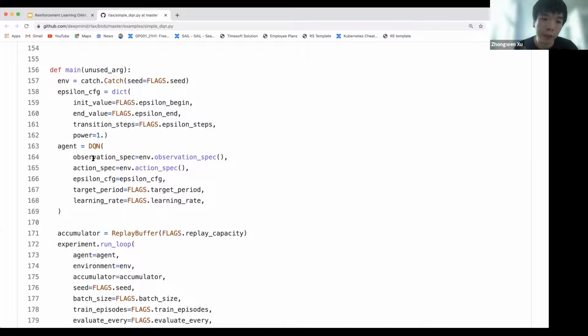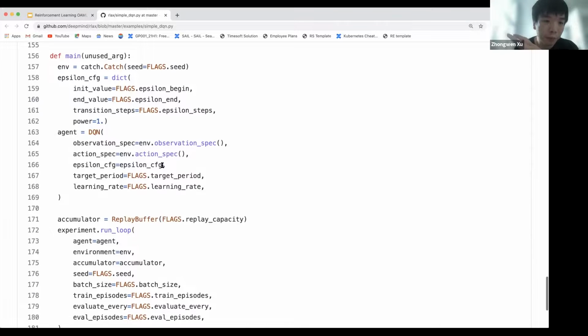For example, in the Atari case, this observation spec can tell you it is like 84 by 84 times 3 channels, something like that. And the action spec is telling you how many discrete actions the agent can perform.